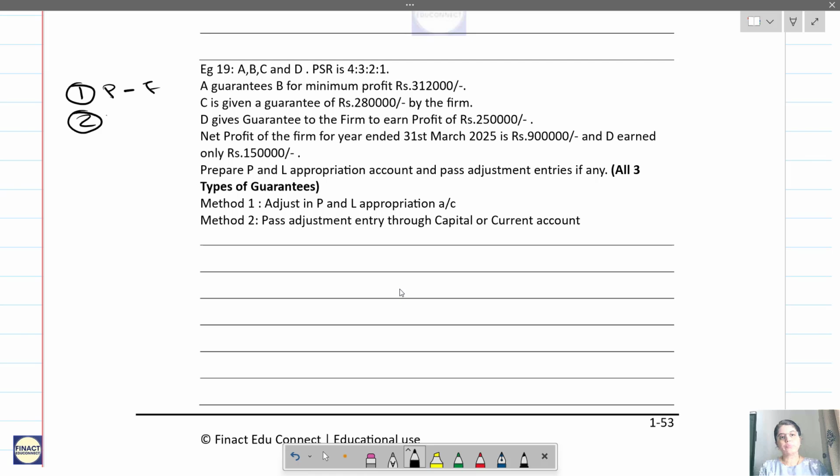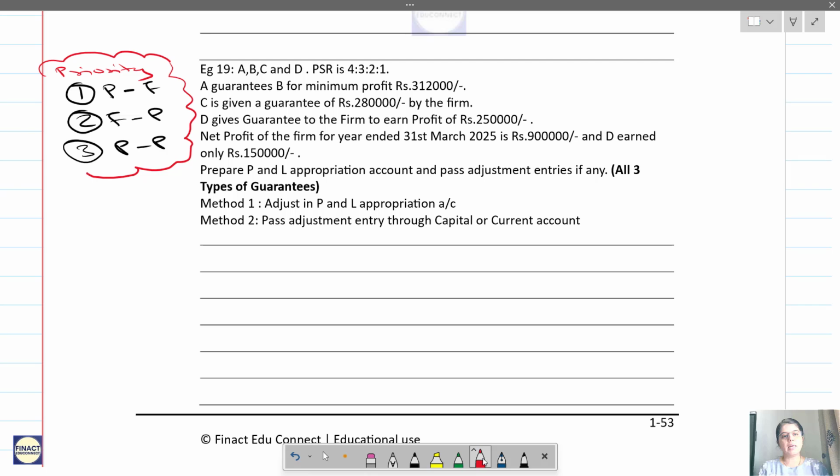Second, firm to partner, and third will be partner to partner. This is the priority, the sequence in which you should do it.